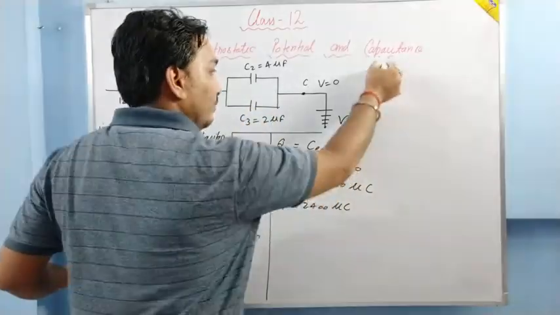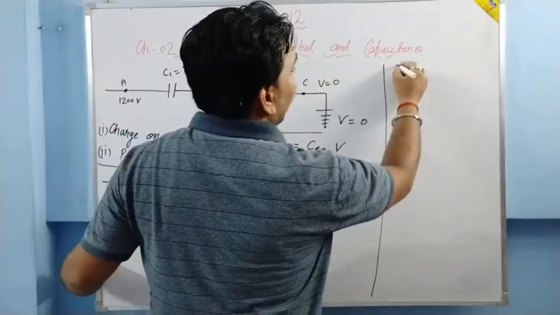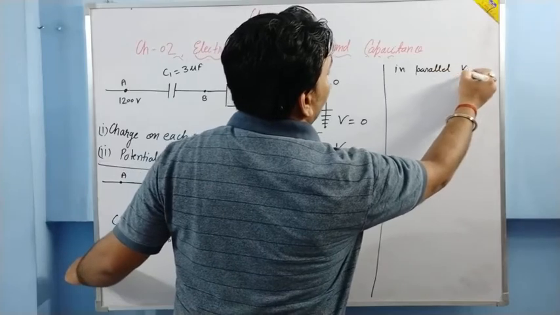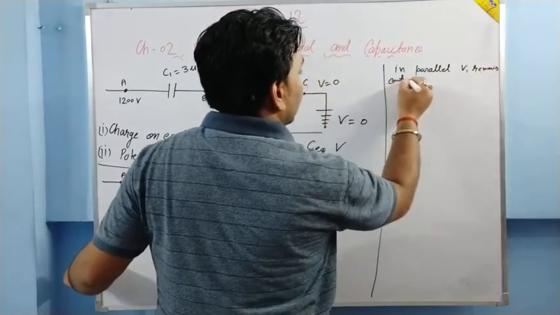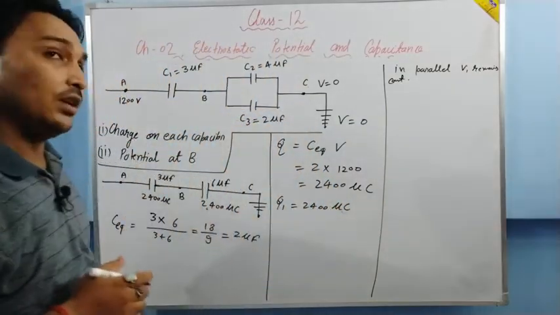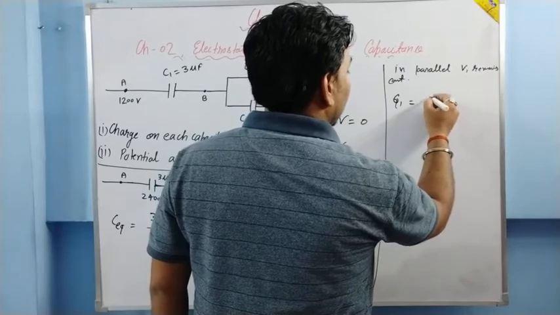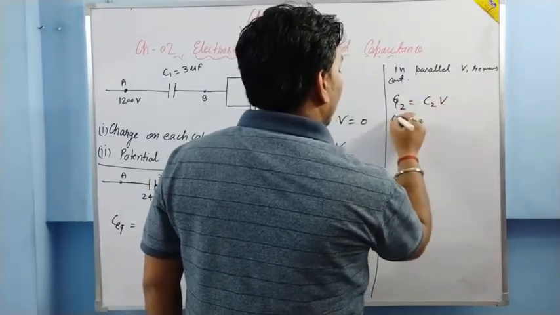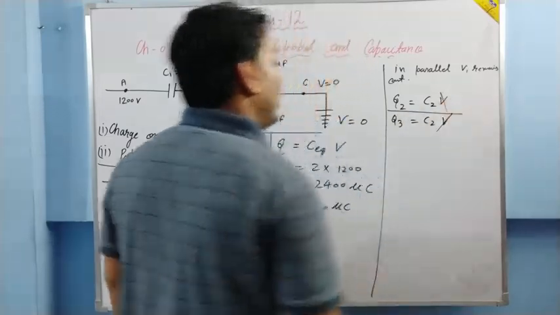Let us see. Since these two are in parallel, and in parallel V remains constant. And therefore, if we calculate the ratio of charge, Q2 will be equal to C2 into V, and Q3 will be equal to C3 into V. When we divide them, V and V will be cancelled out.